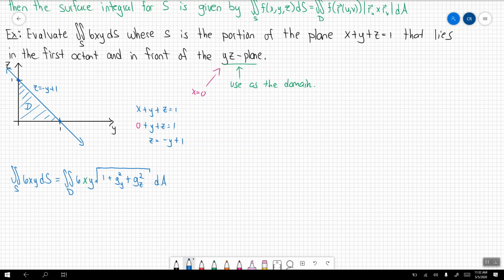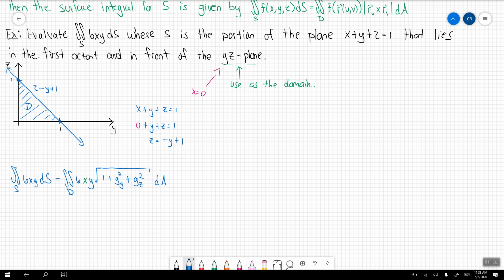But that dA is really going to reflect the area within the y and z coordinates. So again, now I have some work to do. I need to find this function g. So let's try to identify what my function g is going to look like.